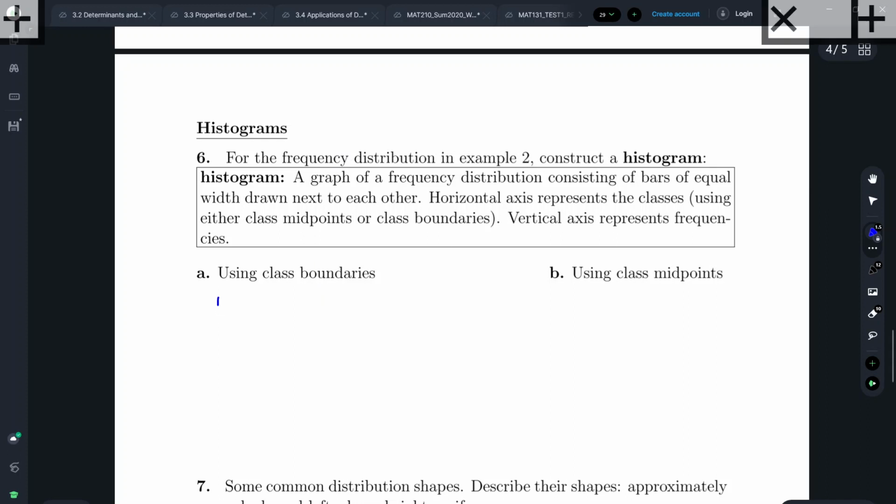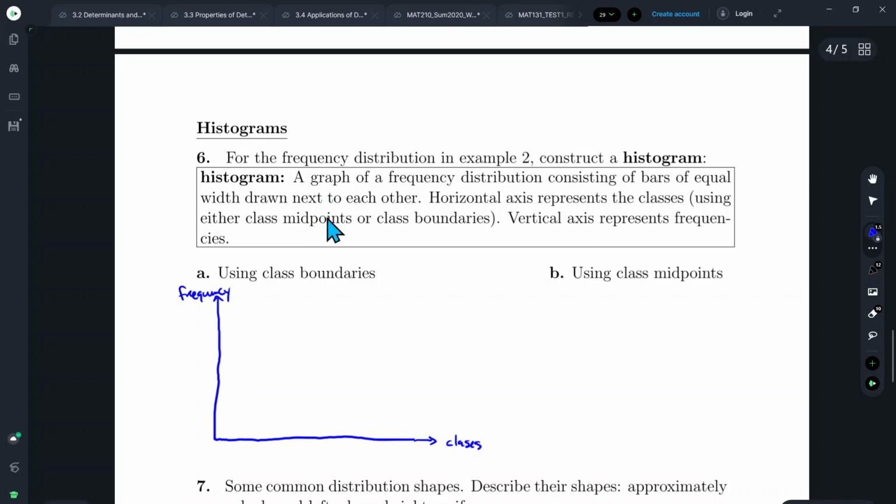The x-axis should be the values or the classes. The classes go on the x-axis, and the frequency should be the y-axis. We can describe the classes in a couple of different ways.